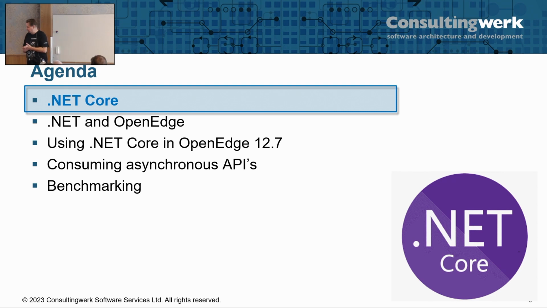Then I'm going to talk briefly about a very specific thing which gets quite relevant in the .NET Core world, consuming asynchronous APIs, and some benchmarking, comparing the usage of the classic .NET Framework and .NET Core in OpenEdge.